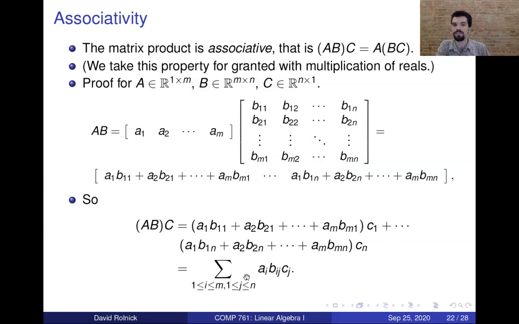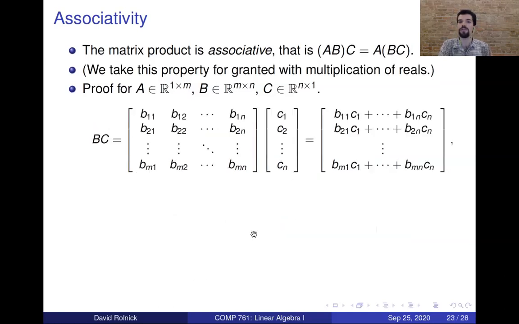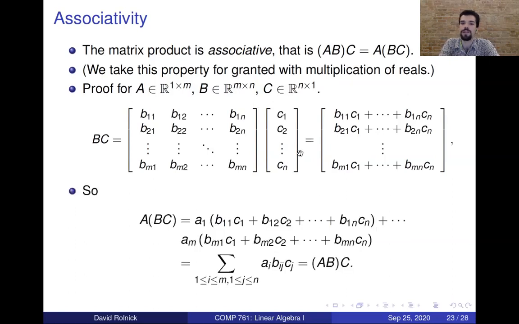Okay. Now, that's A times B, then multiplied by C. Let's do B times C and then multiply by A. B times C is just going to be a column vector multiplied by all of the rows of B. And so we're going to get these dot products arranged in a column vector. And so if we multiply that by A, which is a row vector, we're just having the dot product of 2 vectors, A and BC.